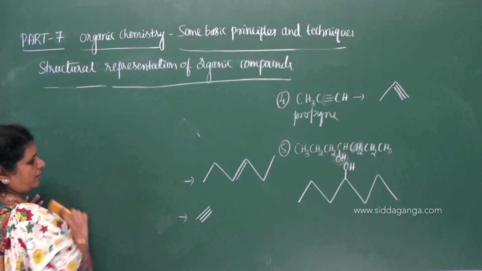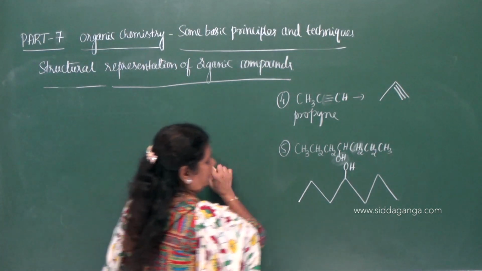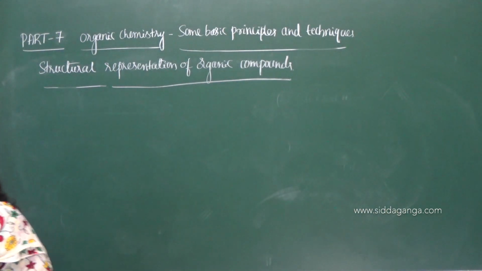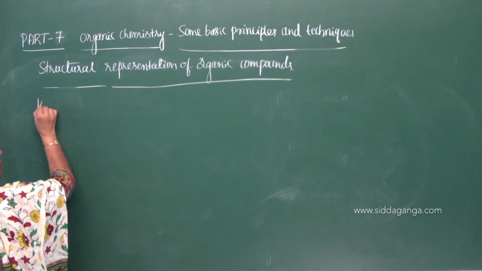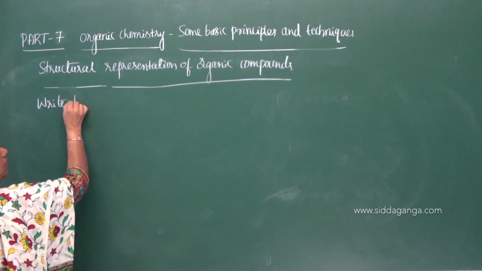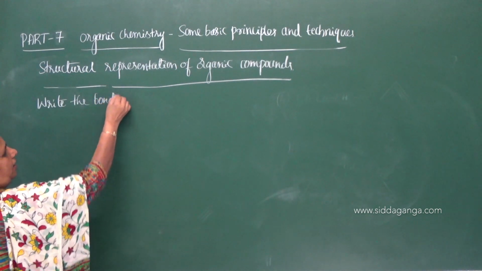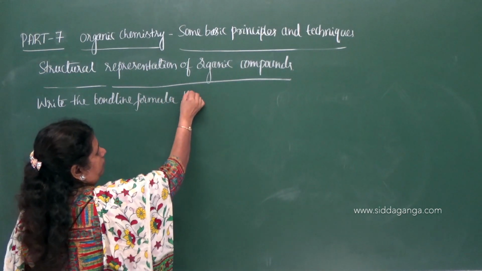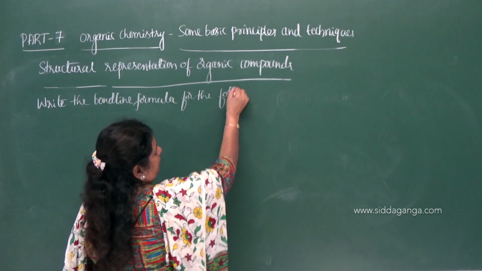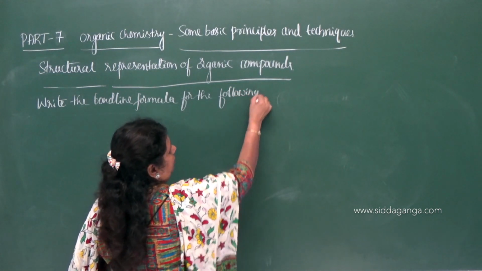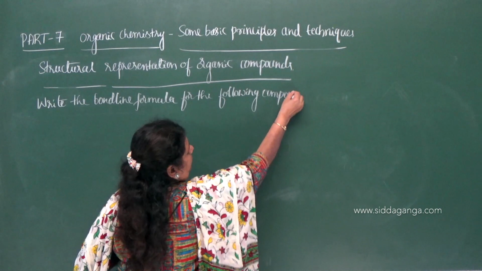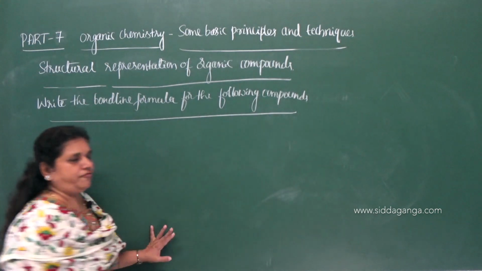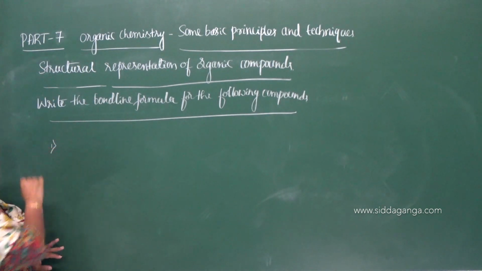Write the bond line formula for the following compounds. Take down the first one.